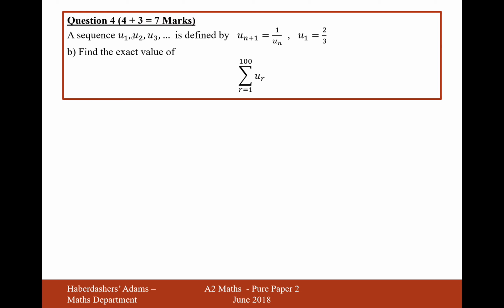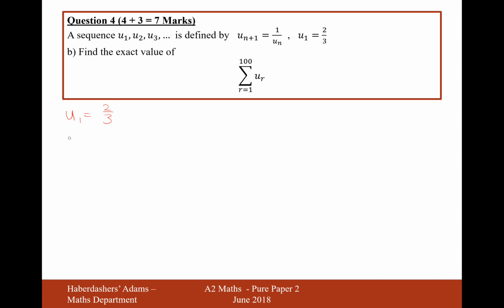We have a sequence u1, u2, u3 defined by u(n+1) equals 1 over un, where u1 is equal to 2/3. Find the exact value of the summation of ur of this series. So it doesn't look like a standard series. I don't think it's an arithmetic series, and I don't think it's a geometric series either. So let's see if we can spot a pattern.